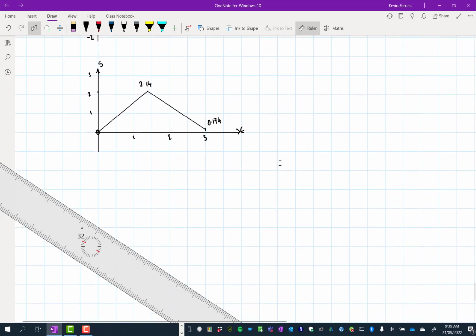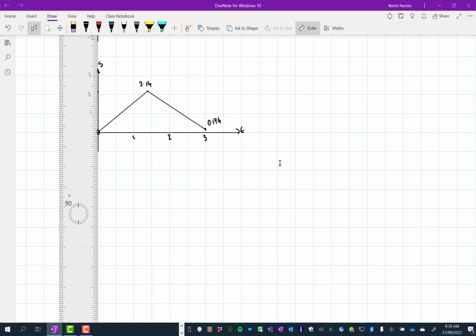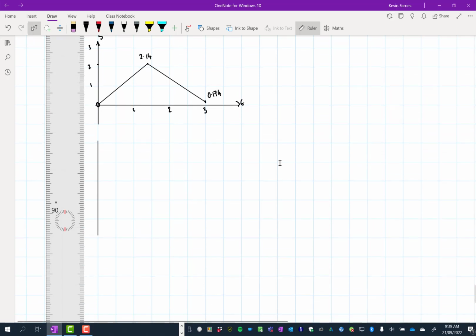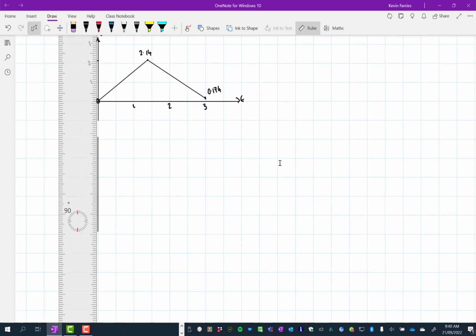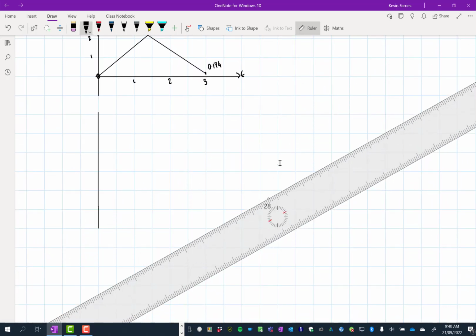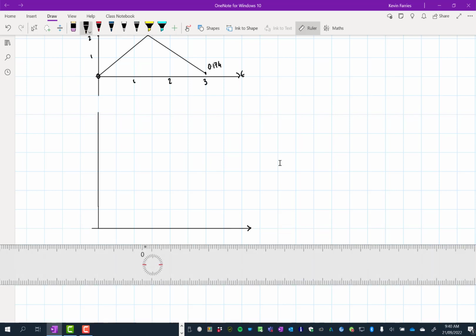Now, the last thing it's asked us to graph, I won't usually ask you to graph this, I don't think, but it's just to show what the difference is between displacement and distance. It's going to have to be quite a tall graph this time. So for the distance travelled, unlike displacement, which can go negative because it's getting back closer to the point you started from, in the case of distance, that won't happen.